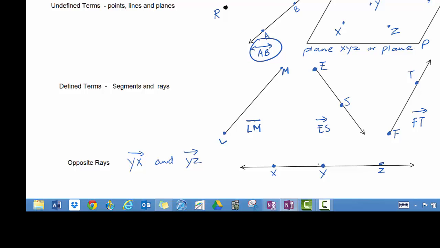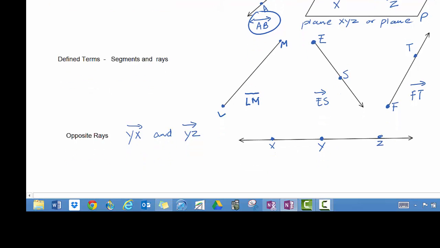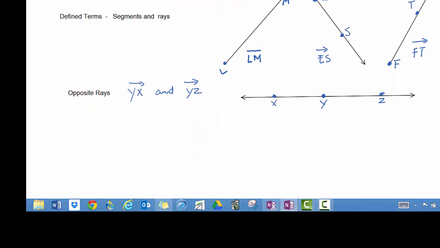Two lines will intersect in a point. So let's get our two lines. It can be two lines, two rays, two segments. It really doesn't matter.